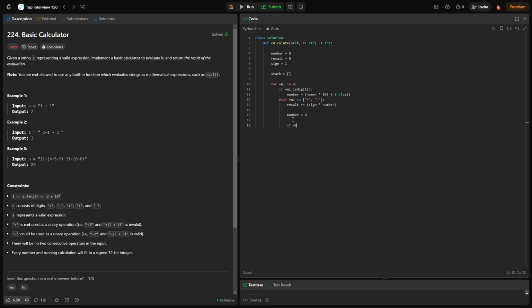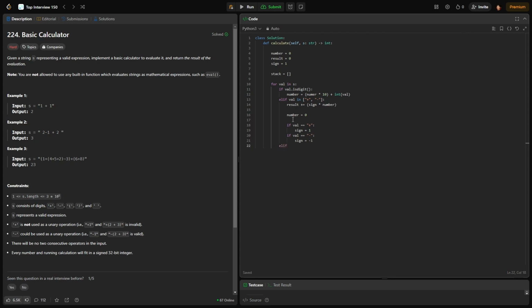And if val is positive, then sign equals 1. If val is negative, then sign equals -1.